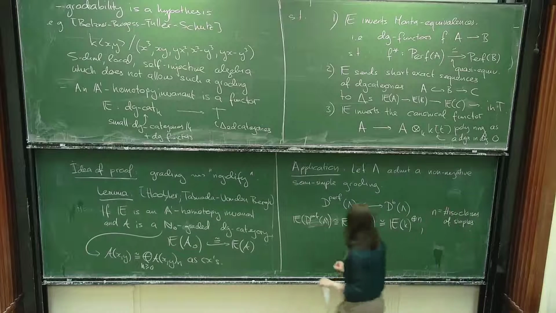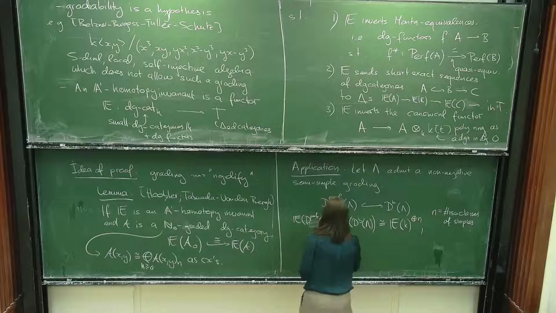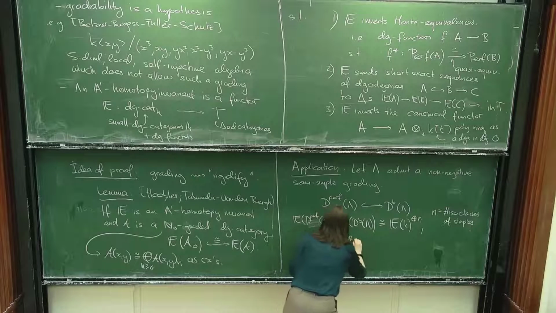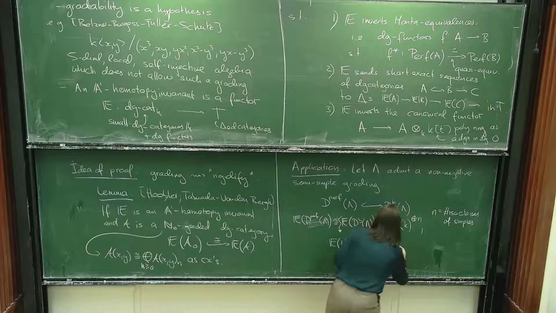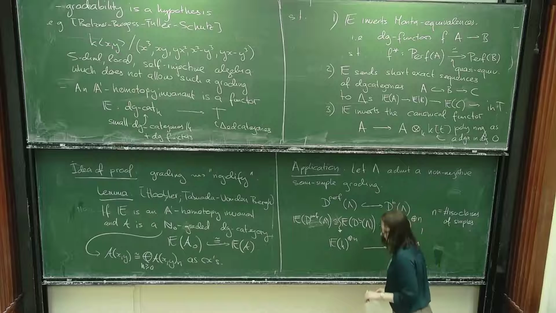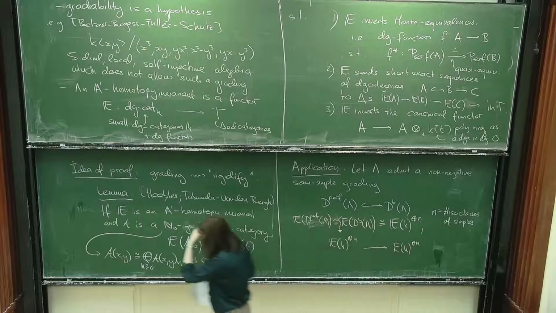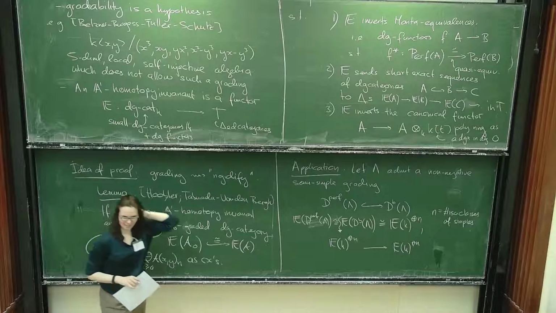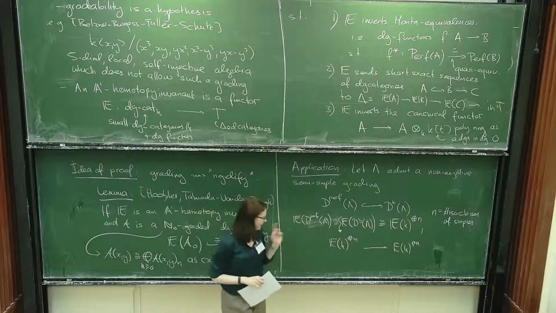So if we apply E, we're going to get a map from n copies of E of k to n copies of E of k, but this is not, in general, an isomorphism. Again, I come back to what I said earlier, you might already have a hint. We had an n cross n matrix on the board before, the Cartan matrix.